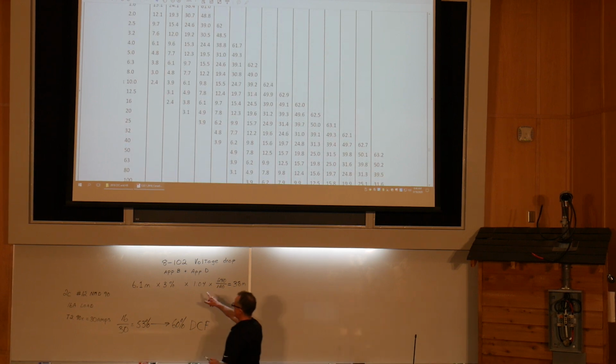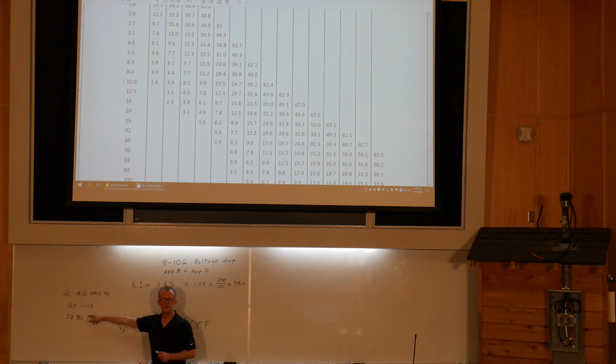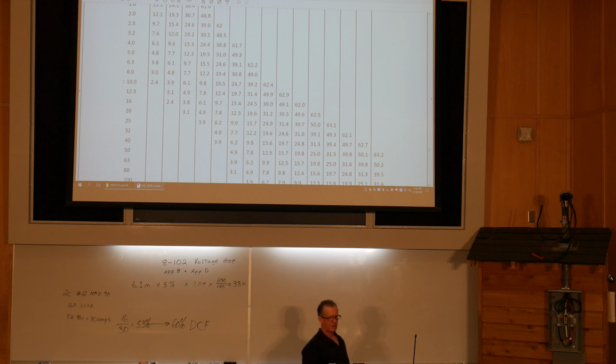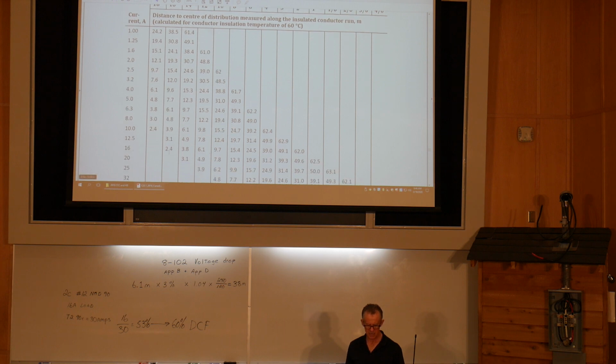Where did we get this number? From the table. There's our load current, 16 amps. You look up top in your code book at home, here is the 16 amps. We come across number 12, we come down 16 amps, and we have the 6.1.